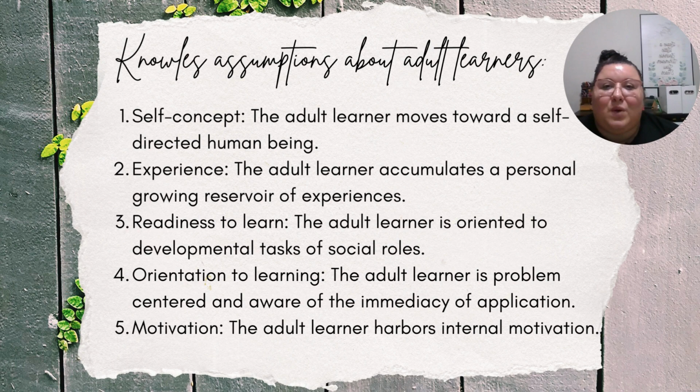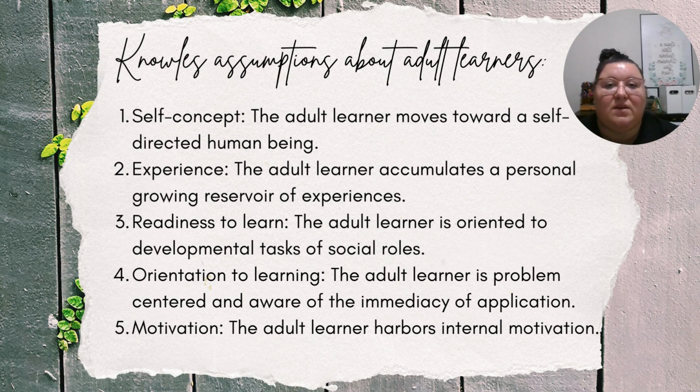The next is the readiness to learn. I remember a lot of days when I was a kid that I was not ready to go to school and to learn, but as an adult, I love it and I want to be able to do more of it. And a lot of adults are like that. Then there's the orientation to learn. This is where we see that there might be a problem and we find a way to find a solution for that.